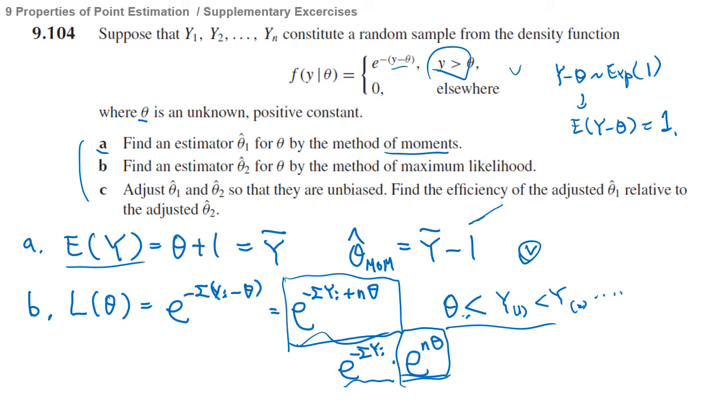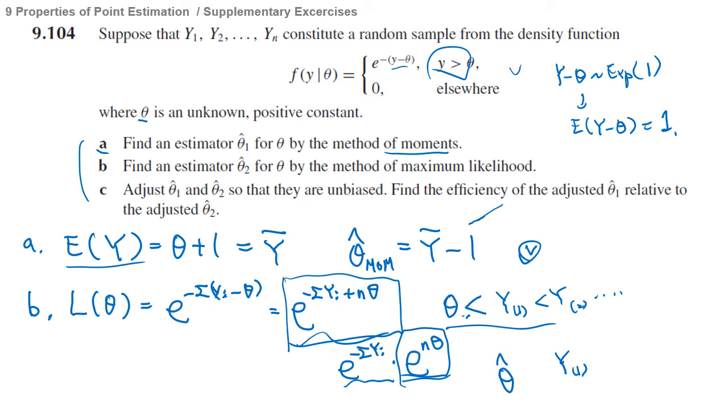So the larger the theta, the greater the likelihood. The one that maximizes this likelihood is y1.